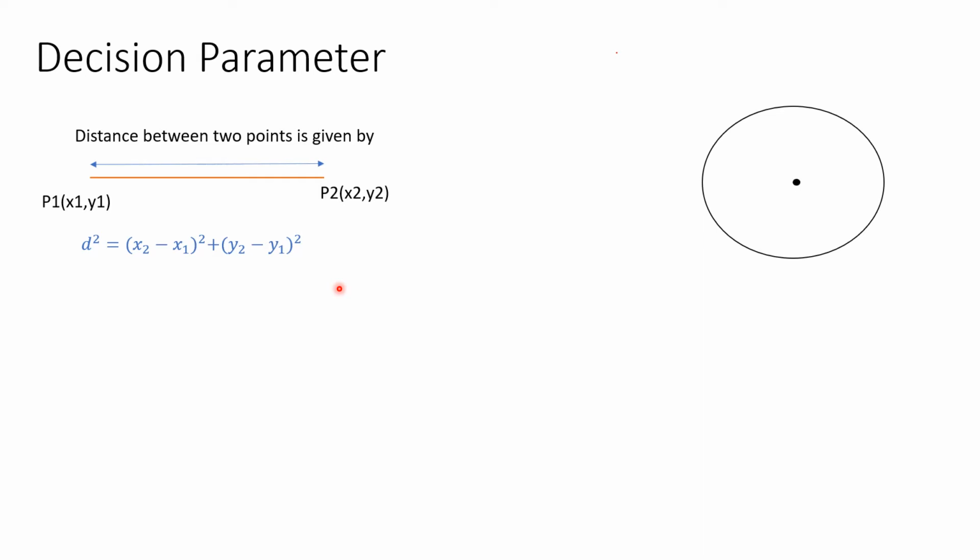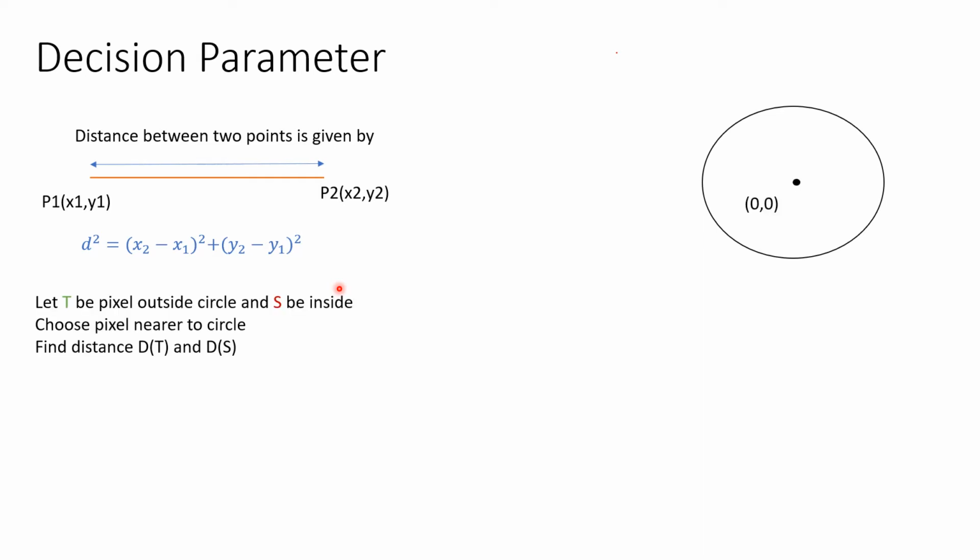We are given a circle with respect to the center, and inside the loop the current pixel is xk, yk. For the next pixel, we have to decide between these two points. Either the next pixel will be t or s. Whichever is closer to the path is to be selected by the algorithm. For that, we find the distance. The distance of t from the circle path is obtained by subtracting two values.